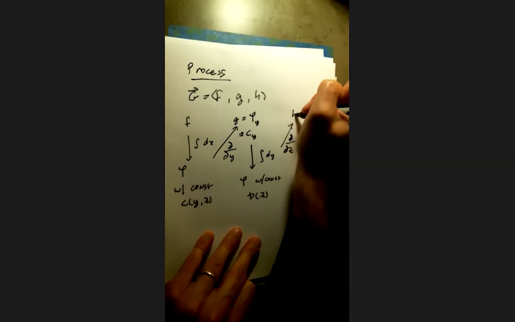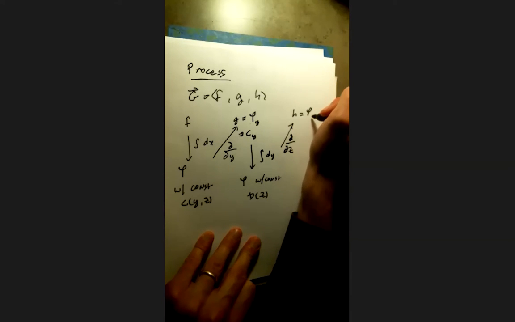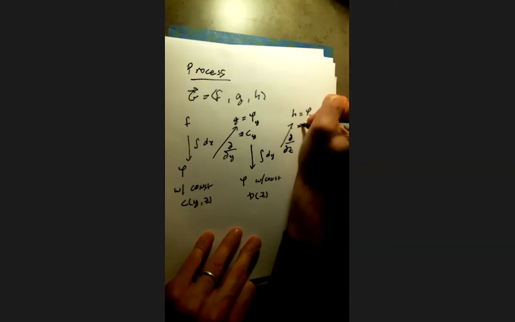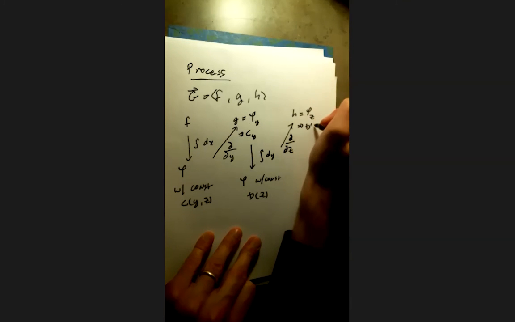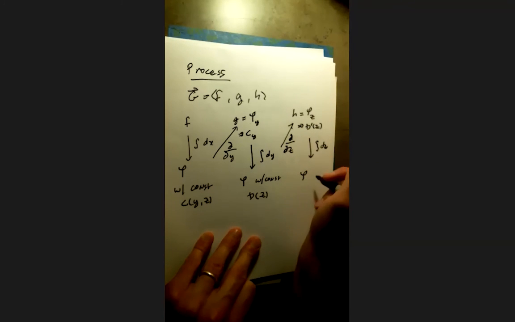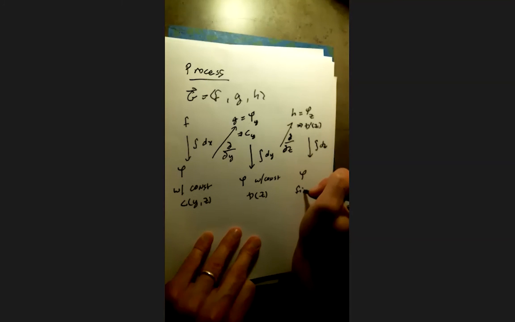And so we solved h equals the partial derivative of phi with respect to z. And this gave us d prime of z. And then we integrated that with respect to z, and we found phi, our final potential function.